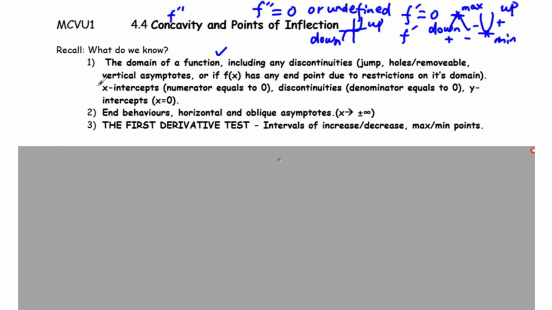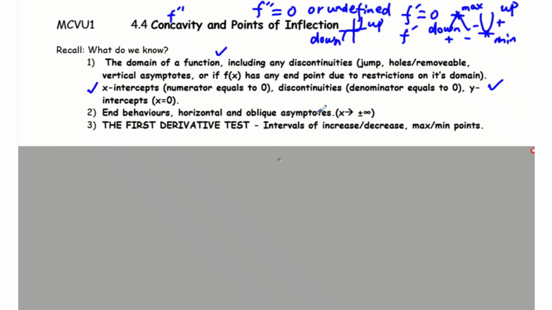That is what we know before. Then we also know how to find the x-intercepts by finding the zeros. And also we know how to find the y-intercept by substituting x equals 0 to find the y value.